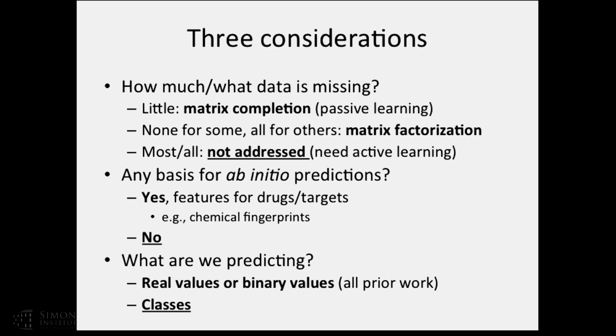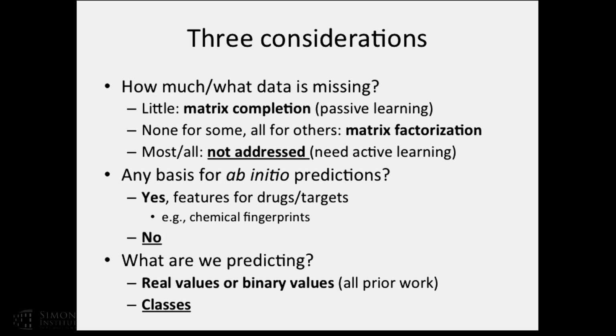And we are typically starting with very little data. And when we start with little data, if we consider how much data is missing, if only a little bit of data is missing, okay, fine, we do some matrix completion, and we predict whatever is not missing, and we're going to probably be okay.